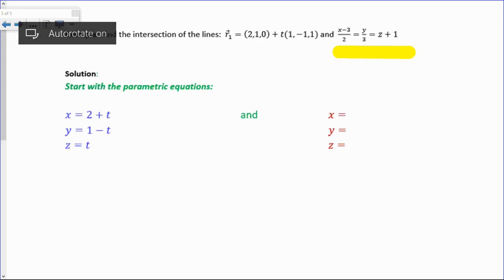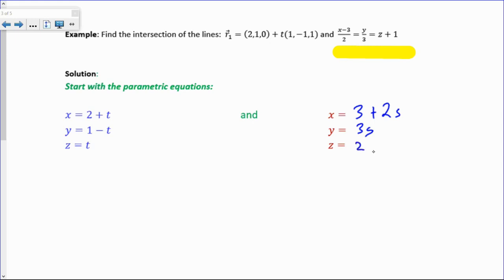So in this case, we could say that x is equal to 3 plus 2s, using s again for my parameter. y is equal to 3s, and z would be equal to s take away 1. So imagine that being over 1. The denominators, of course, give you your direction vector, which is your coefficient on the parameter, and then the opposite values give you the points here.